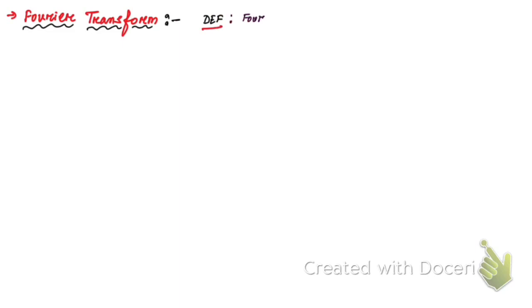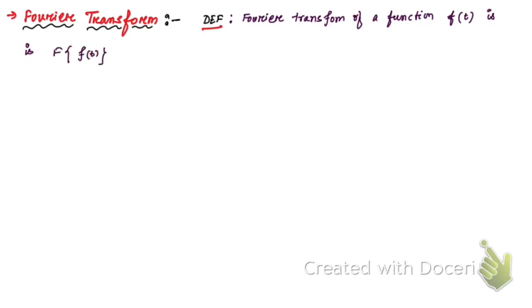Fourier transform of a function, suppose the function is f of t, is given by capital F, meaning the Fourier transform of the function f of t is equal to the integration from minus infinity to plus infinity of f of t e to the power minus i s t dt. So here is the definition of Fourier transformation.